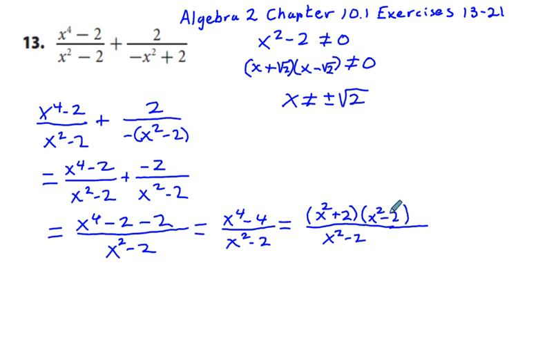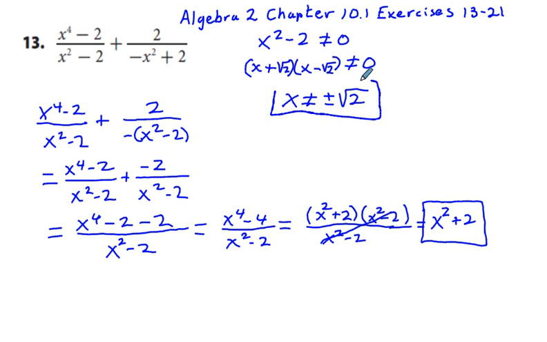And x squared minus 2 over x squared minus 2 cancel, equal 1. So what we have left is just x squared plus 2. So that is going to be our answer, a significant simplification, and our excluded values of x. x cannot equal the square root of 2 or negative square root of 2.